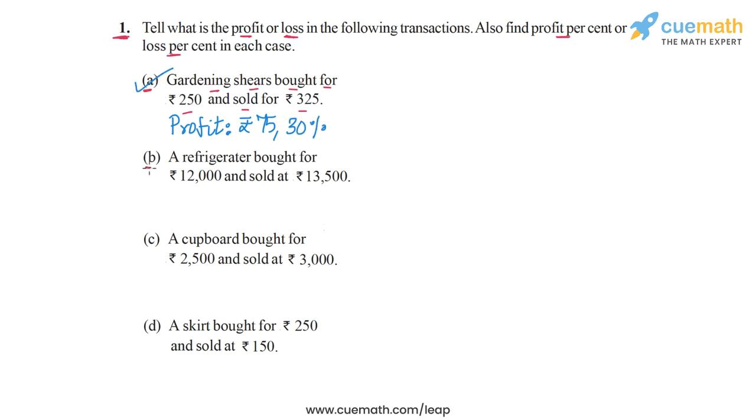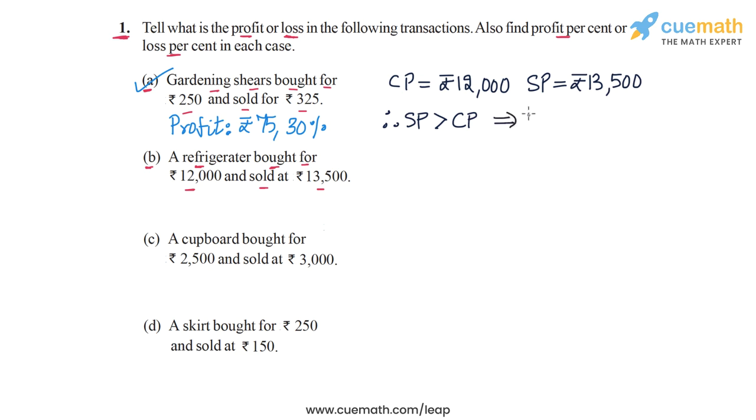Next we come to part B, which says that a refrigerator was bought for rupees 12,000 and sold at rupees 13,500. So the cost price in this case is rupees 12,000 and the selling price is rupees 13,500. And we once again see that because the selling price is greater than the cost price, a profit was made on this transaction.